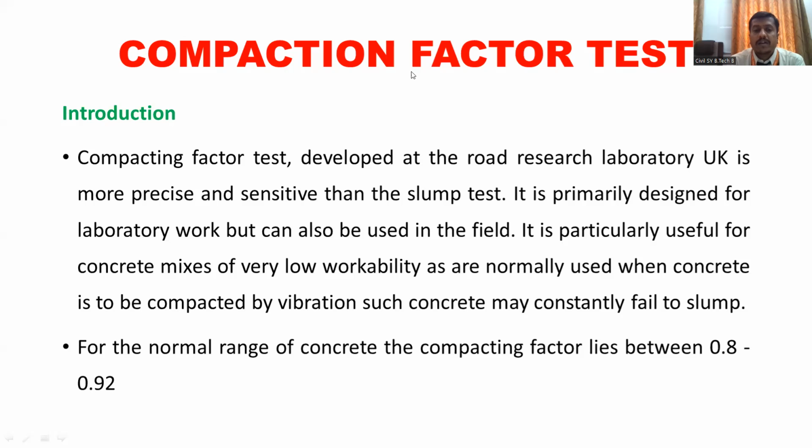For the normal range of concrete, the compaction factor lies between 0.8 to 0.92. Normal range means the slump value ranges from 50 mm to 100 mm.